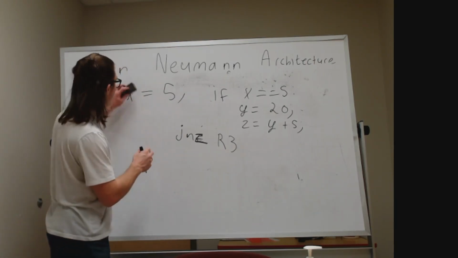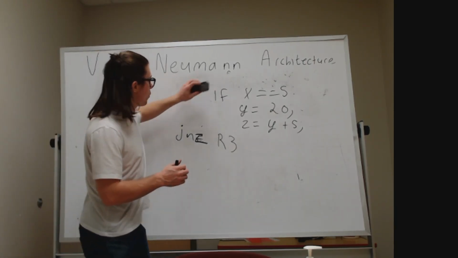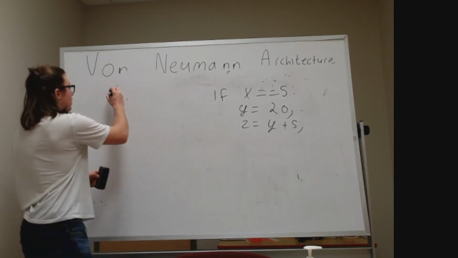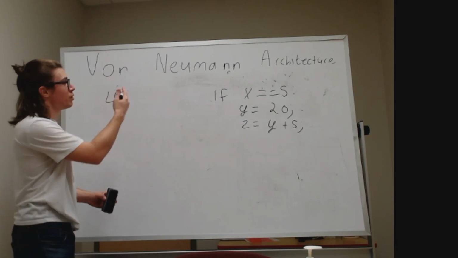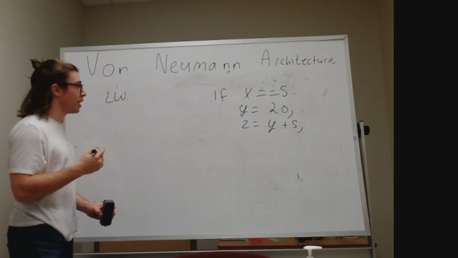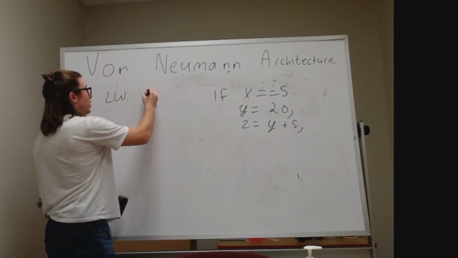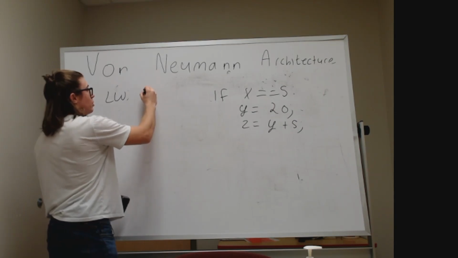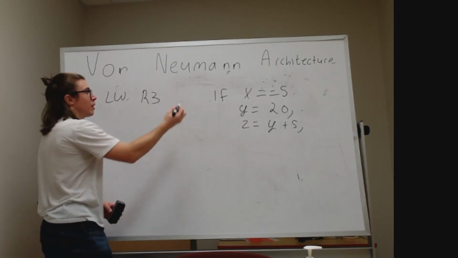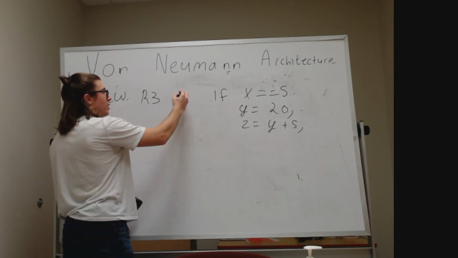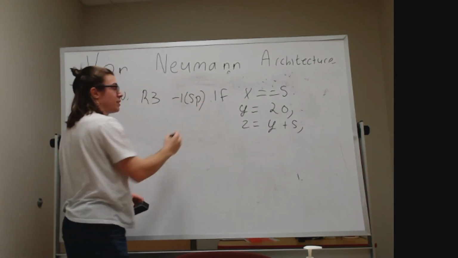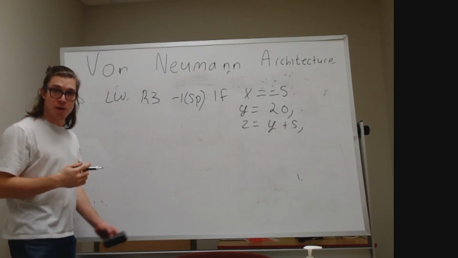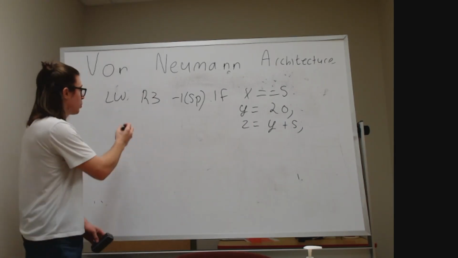So what would those full instructions look like? Well, those full instructions would look like load word, which is the opposite of store word. Remember that we stored x at location 5, and so we'd say load word into register 3, and we'll say -1 from the stack pointer, if this is a continuation of what we had before, because we have to go up 1 word from the stack pointer.